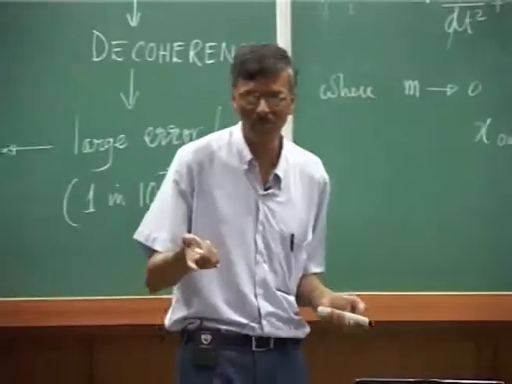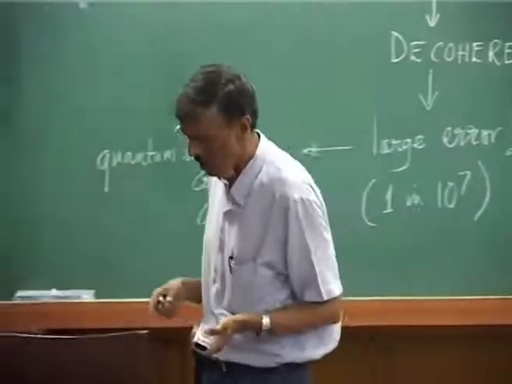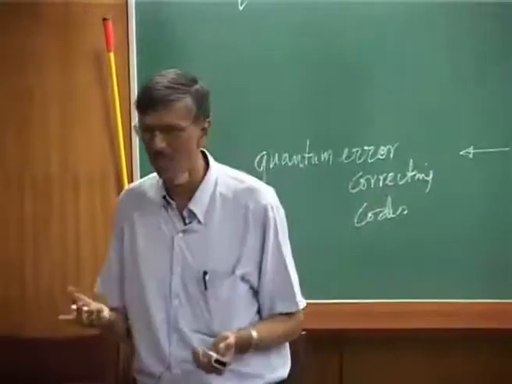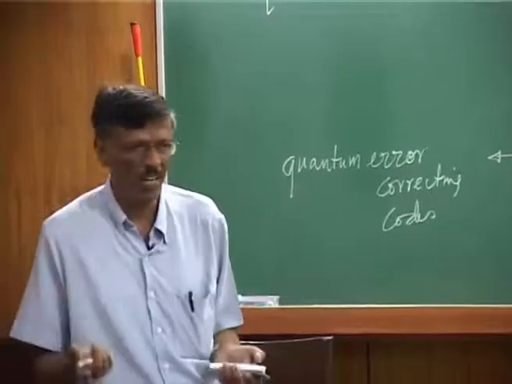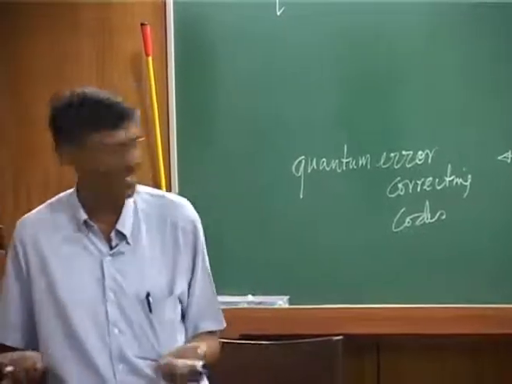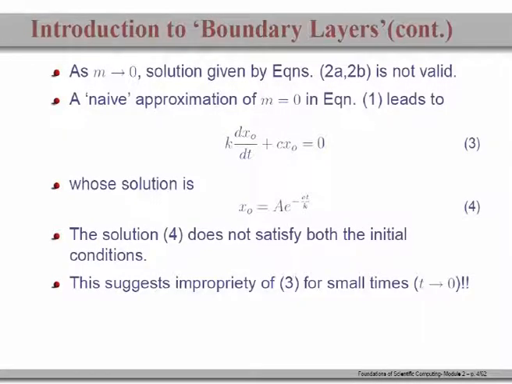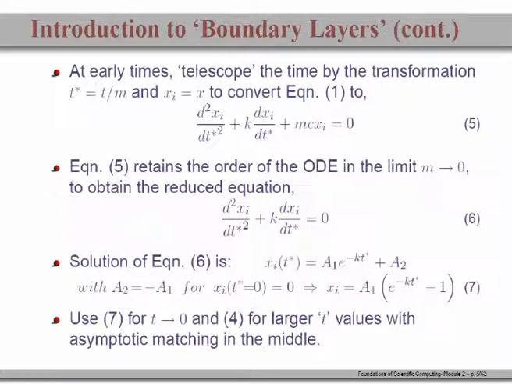So, apart from the fact that the order of the system has come down, so you cannot satisfy two initial conditions, you are hoping to satisfy at least one, but that hope is also dashed, because this does not satisfy even that. So, this shows that this kind of naive approach will not do. We may have to do something different, because the impropriety of the solution actually is close to t equal to 0, right at the beginning of the system.